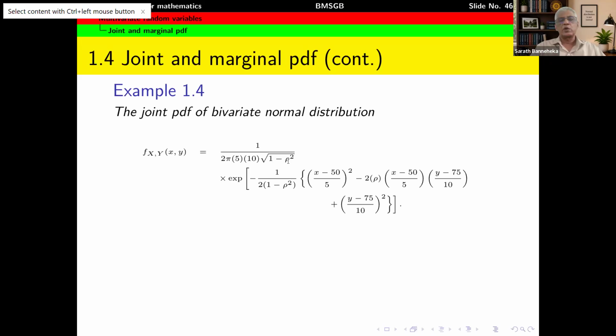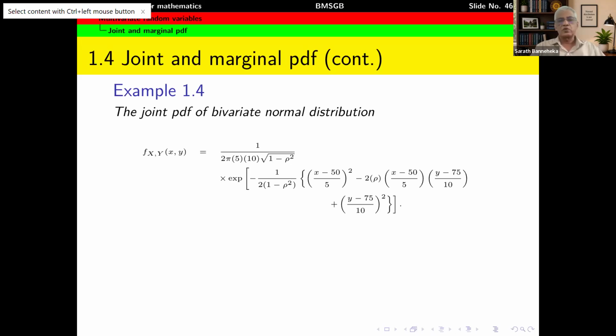Correlation coefficient is denoted by rho here, right? So what I'm considering here is a joint bivariate normal distribution with mean of x equal to 50, standard deviation of x equal to 5, mean of y equal to 75, and standard deviation of y equal to 10. And I have left rho as a parameter.